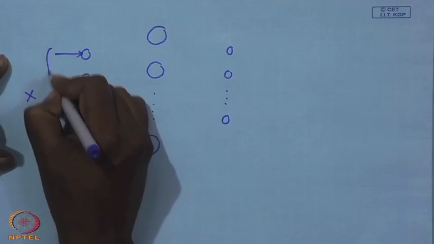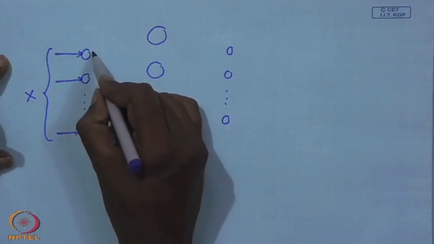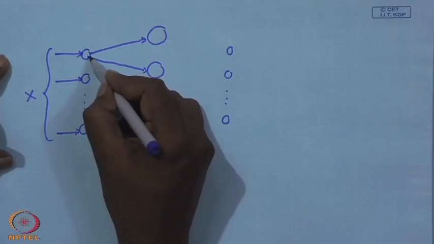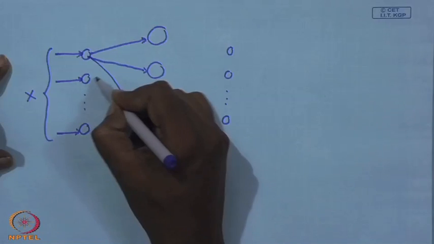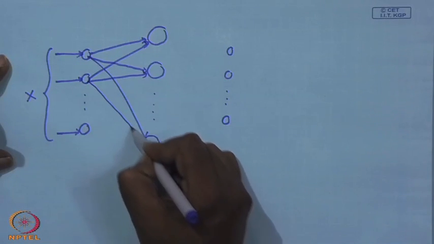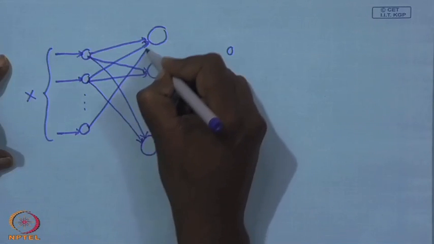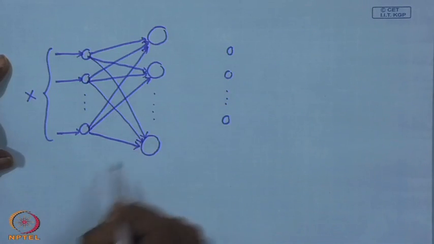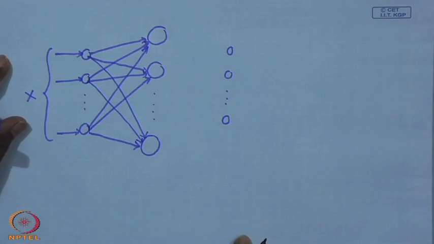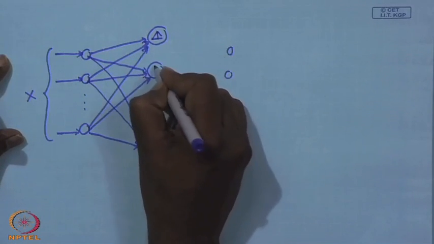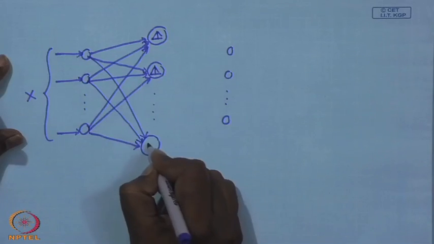So here I feed x, which is fed to the hidden layer nodes through connection weights which are 1, and the outputs of these hidden layer nodes are my radial basis functions.